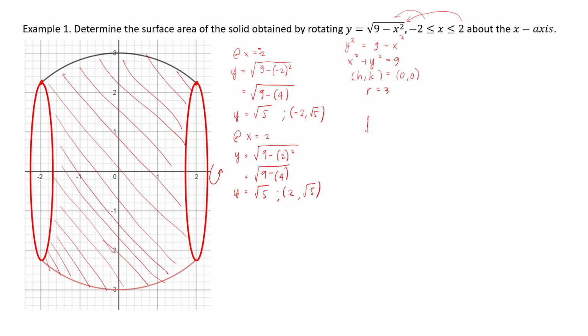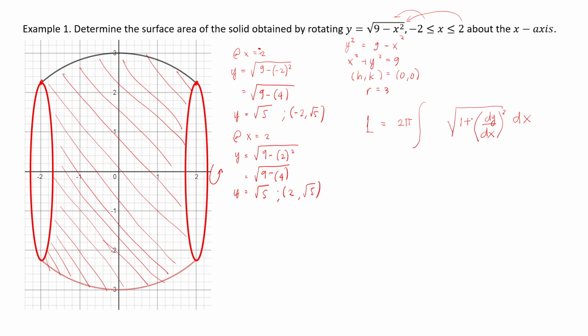So L, so again, we are rotating about the x-axis. So 2 pi, then integral. So let's try to write first the square root function. So we are rotating about the x-axis, so this one should be dx. So 1 plus dy over dx squared.